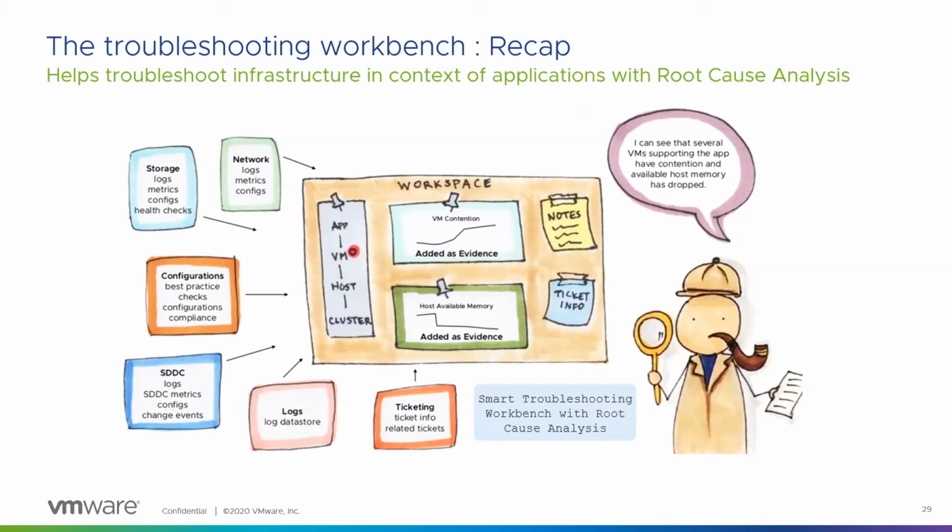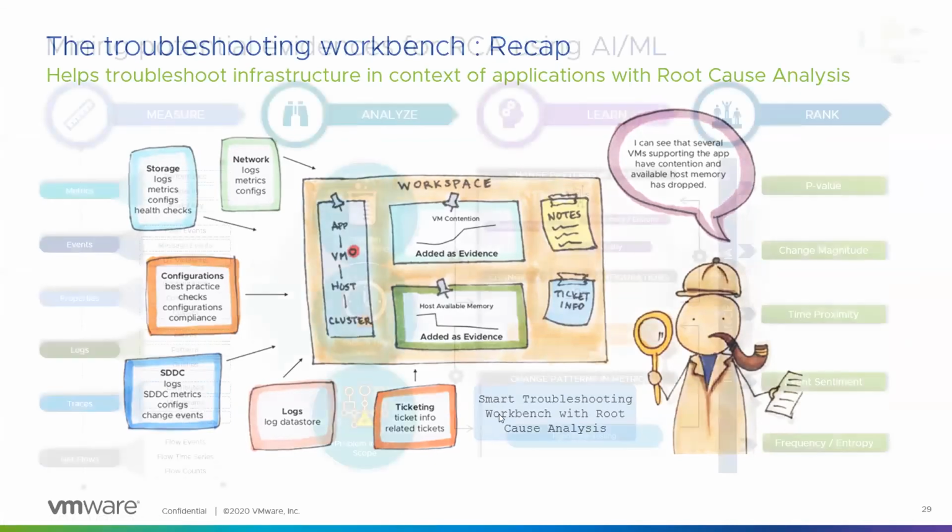If you're able to bring all of these things together in a common workspace, and the system can automatically derive based on scope and time what your potential evidences are, then we will have a victory, is what we thought when we started this project. So let's look at how it manifests today.